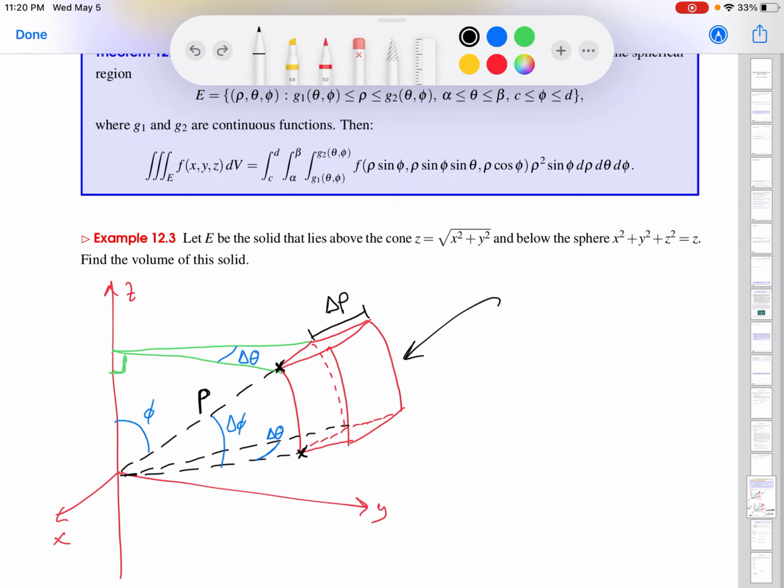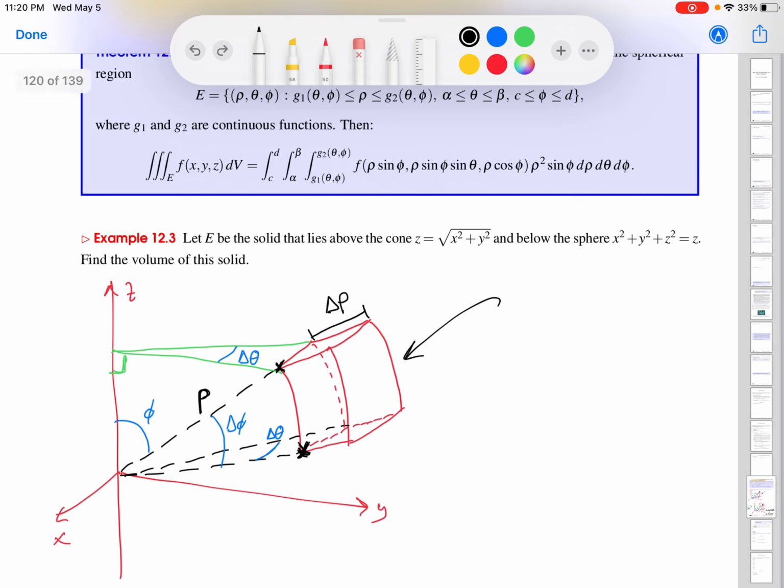So now you change the phi angle, so you move this way a little bit to get to that point down here. Great. And that incurs a change in your angle phi of delta phi. Now you're down here, and then you move theta a little bit, going that way.